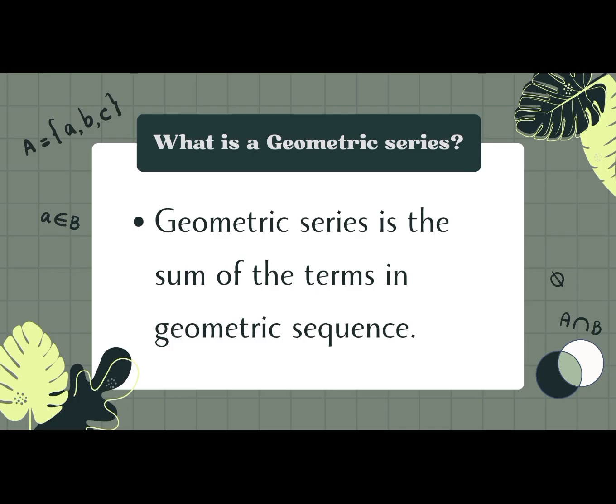So, what is a geometric series? A geometric series is simply the result of adding up the terms of a geometric sequence. Each term in the sequence is multiplied by the same number, which we call the common ratio.